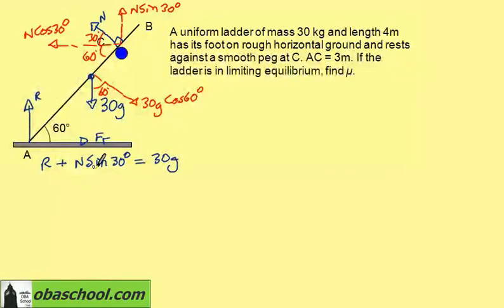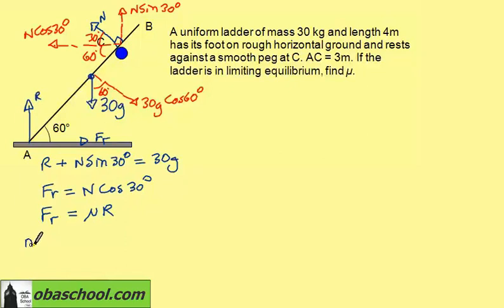If we look at the horizontal forces, there's only this component and FR, so FR must be equal to N cos 30. We also know, in limiting equilibrium, that friction is equal to mu R.